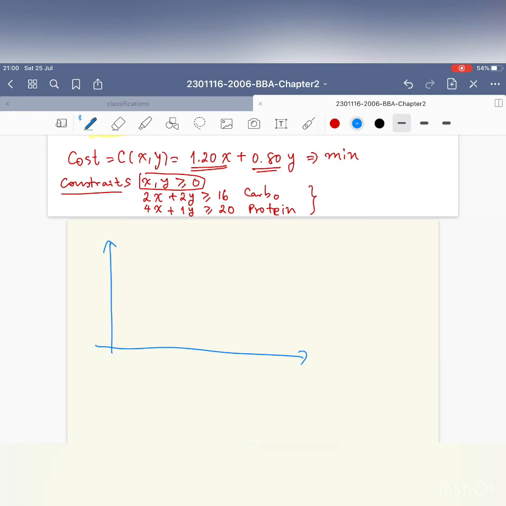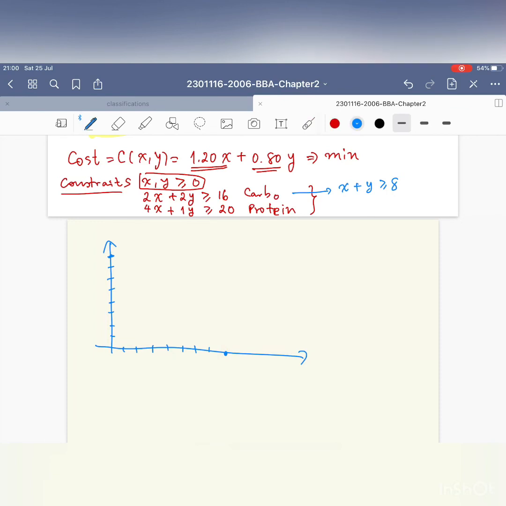Okay, so the first one can be simplified to X plus Y greater than or equals to 8. So you can do the 8, 1, 2, 3, 4, 5, 6, 7, 8. Okay, so if your X is 0, your Y is 8. If your Y is 0, your X is 8 as well.